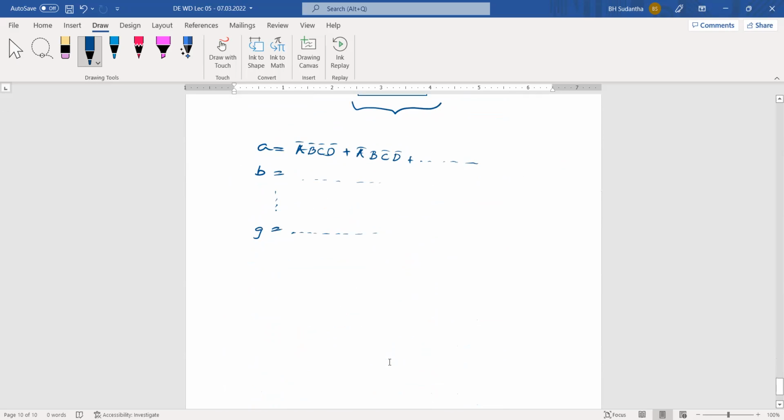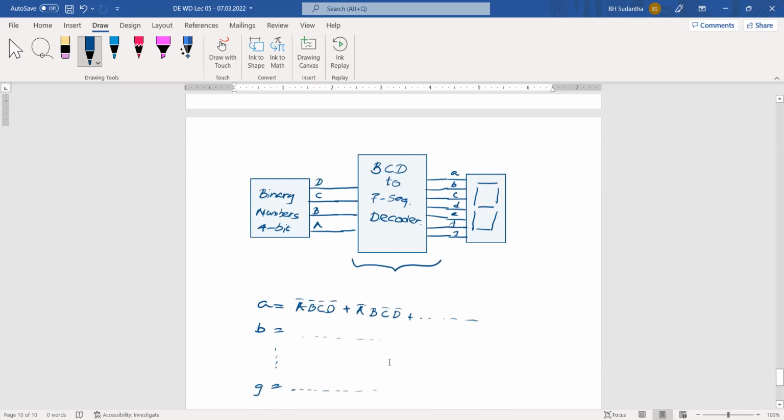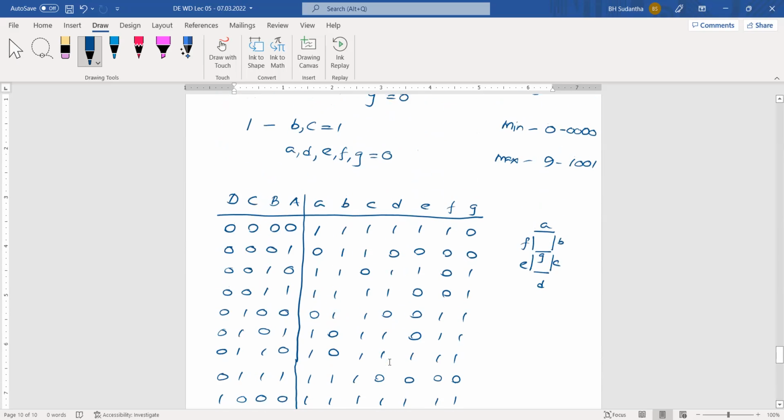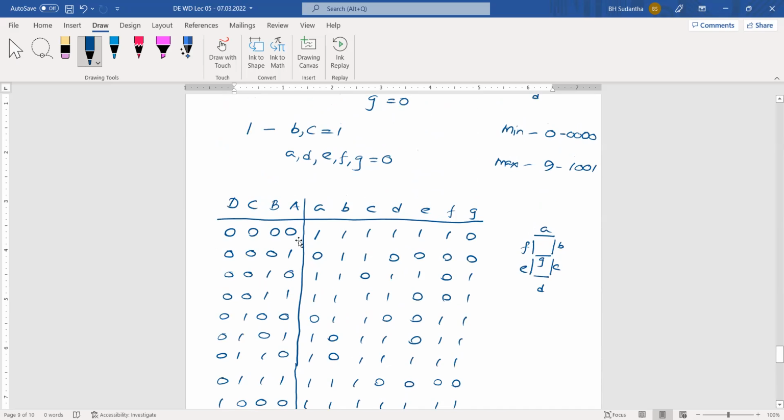Then actually we started our discussion to discuss non-standard decoders, and this is one very popular non-standard decoder. This is not a 4 to 16 kind of decoder. We have 4 input and 7 output lines. Generally you have a 4 input decoder with 4 input lines and 16 output lines.